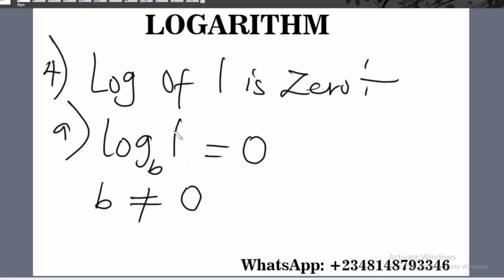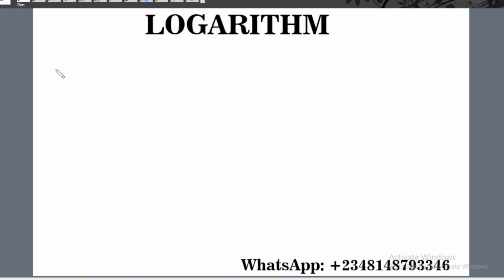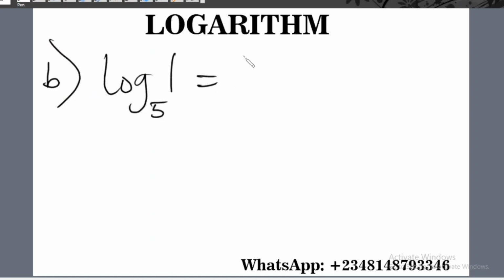So if log 1 to base b is 0, b cannot be equal to 0. So let's take the second example. Log 1 to base 5 equals 0 according to the law. 5 cannot be equal to 0.